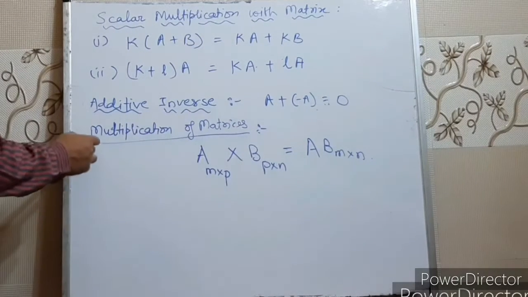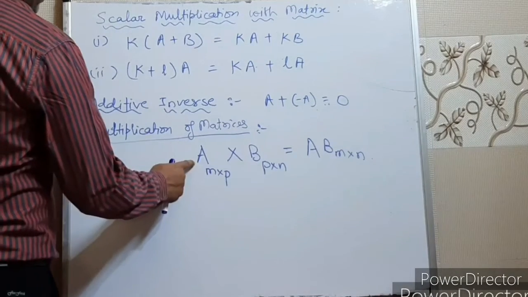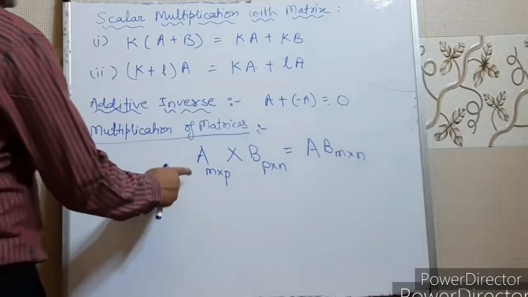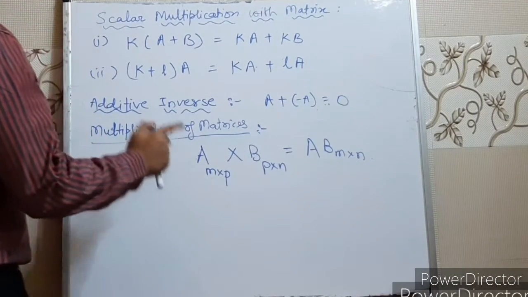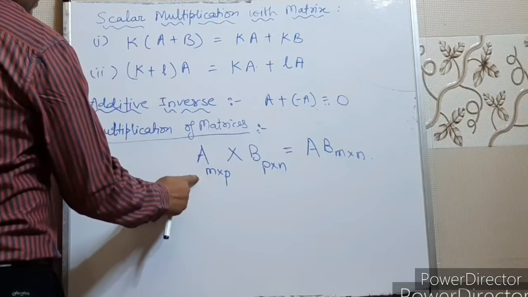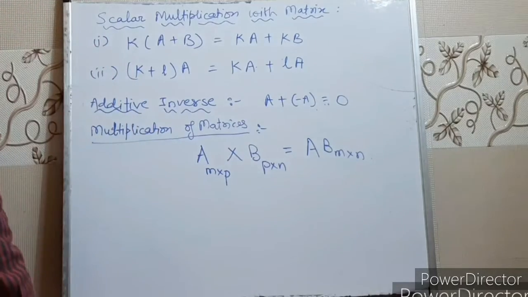Now children, you have studied this multiplication process in class 10. We are going to revise it again. Whenever A is multiplied to B, the multiplication is only possible in one condition: the number of columns of the first matrix must be equal to the number of rows of the second matrix.